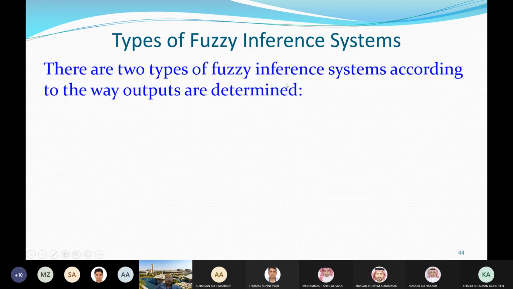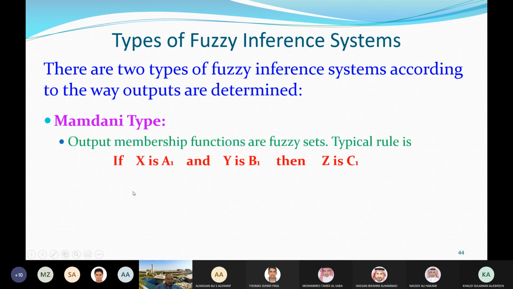There are two types of fuzzy inference systems according to the way the outputs are determined. The first one is Mamdani type. This is in recognition to Ibrahim Mamdani. The output membership functions are fuzzy sets also. Typical rule is such. So you have the input here are fuzzy inputs, and also the output is fuzzy.